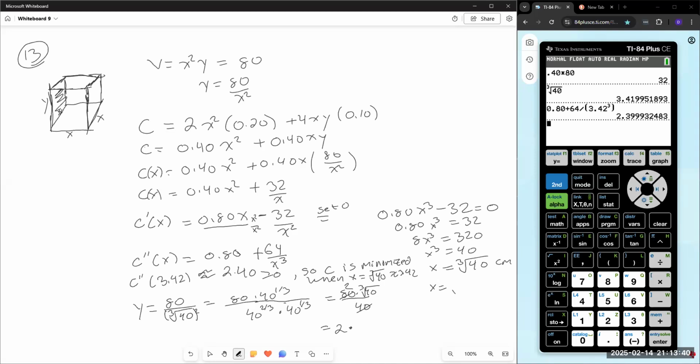This is the cube root of 8 times the cube root of 5, which is 2 cube root of 5. So this is 2 times 2 cube root of 5, which is 4 cube root of 5 exactly. This is approximately, what did I say?